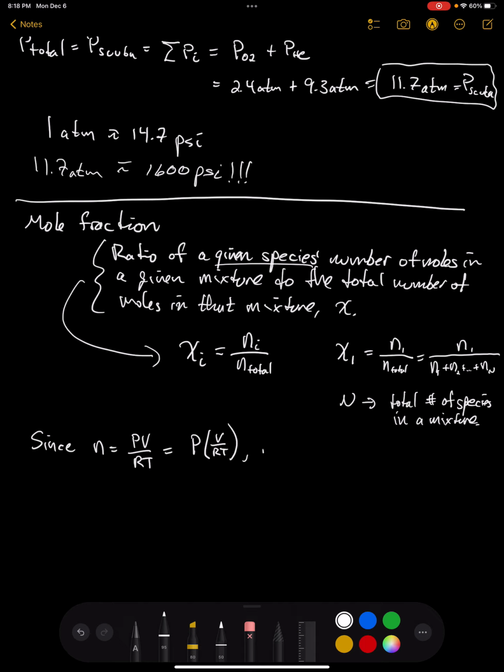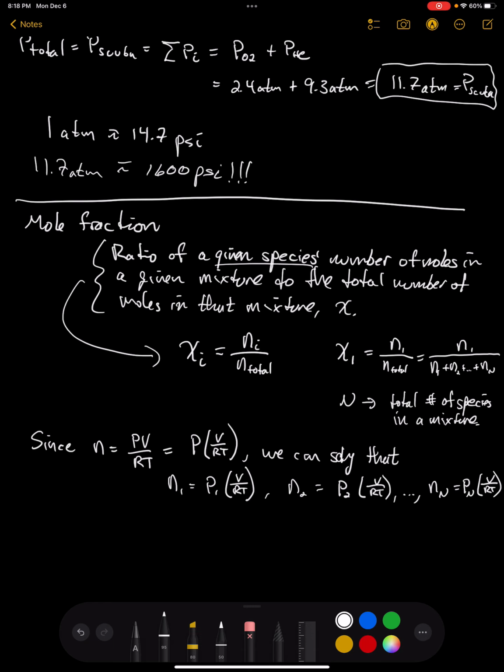Then we can say that N1 is equal to P1 times V over RT, and N2 is equal to P2 times V over RT, and all the way up to N sub N is equal to the pressure of species N times V all over RT.